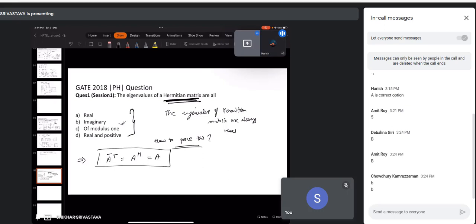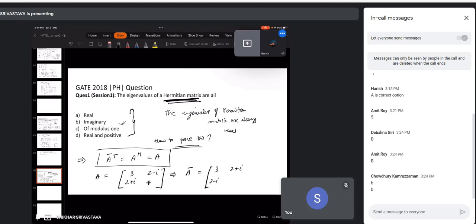For example, suppose we have a two-dimensional matrix with entries 3, 2 minus i, 2 plus i, and 4. Now you take the complex conjugate of it, where you just replace the imaginary sign with its conjugate.